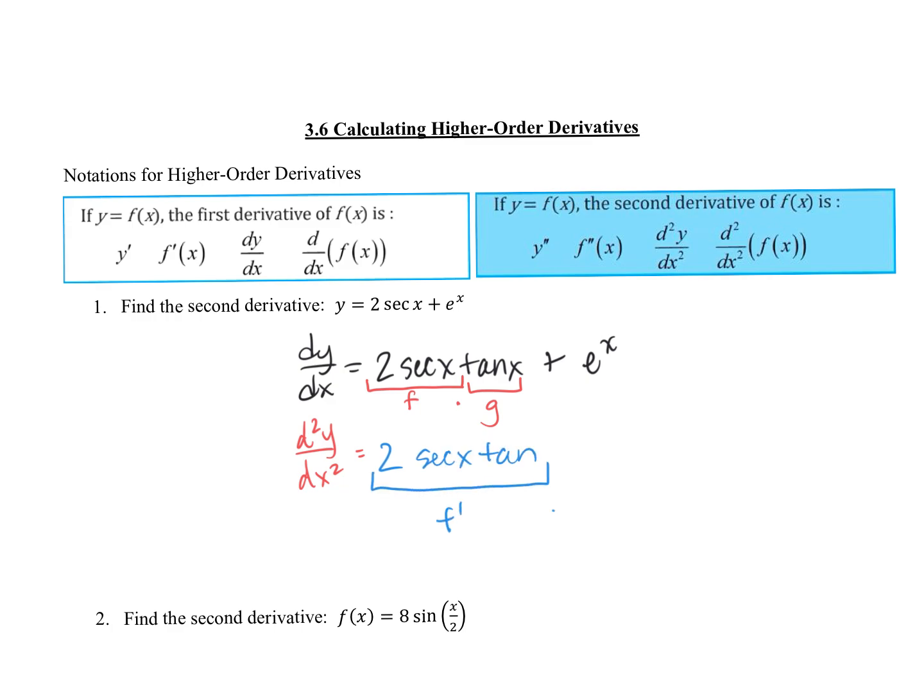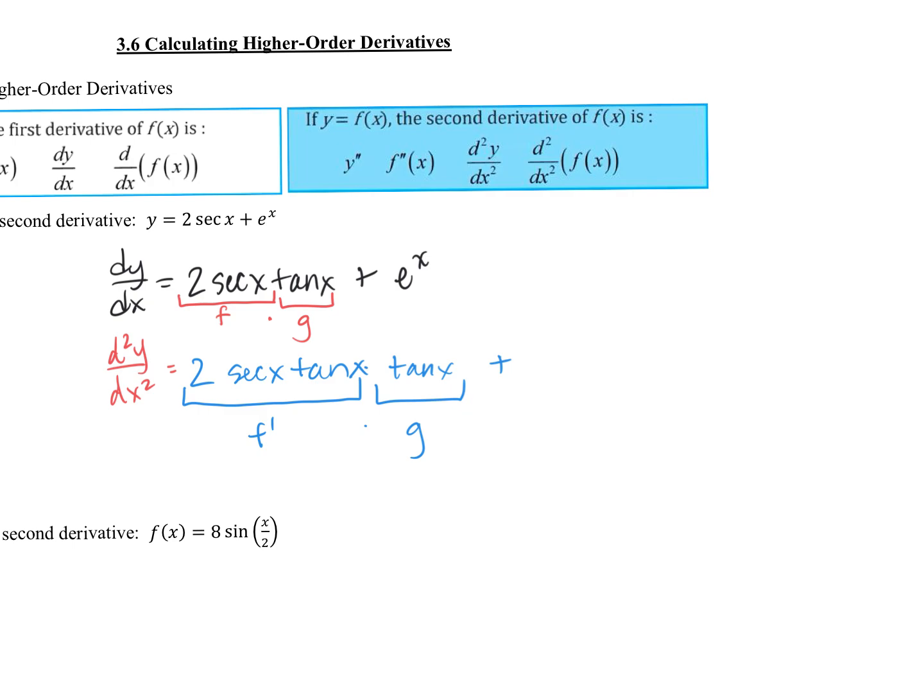That we need to multiply times g, which is another tangent of x. Correct me if I'm wrong. And then we got to go add f times g prime. Derivative of tangent of x, secant squared of x. So I'd get a secant squared of x there. That's my g prime.